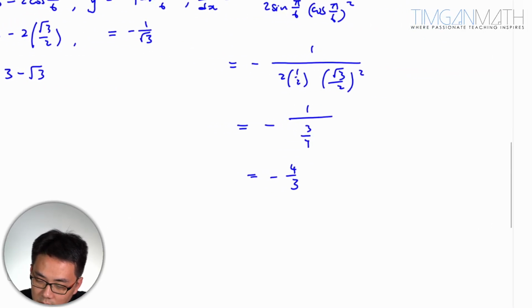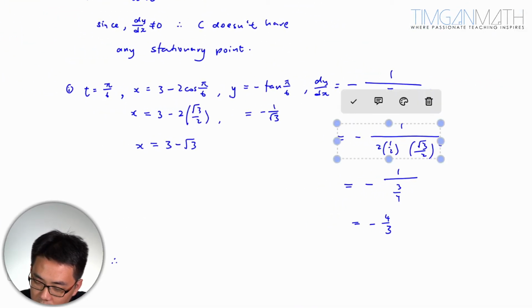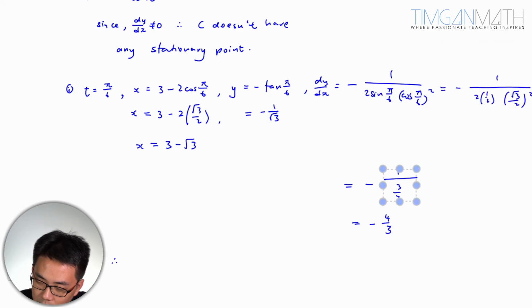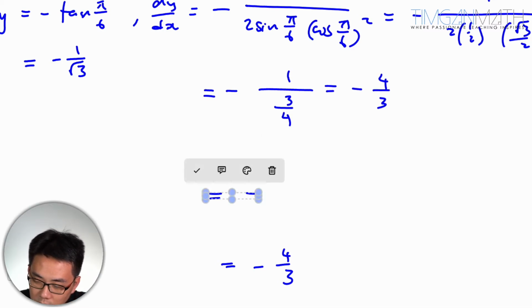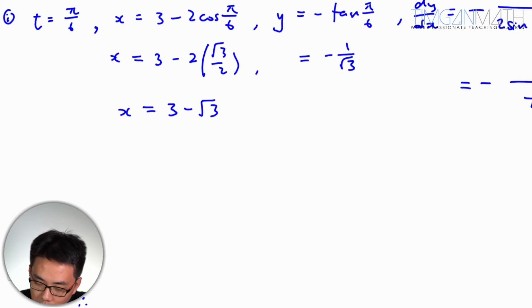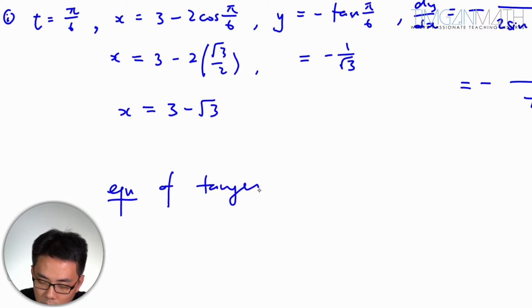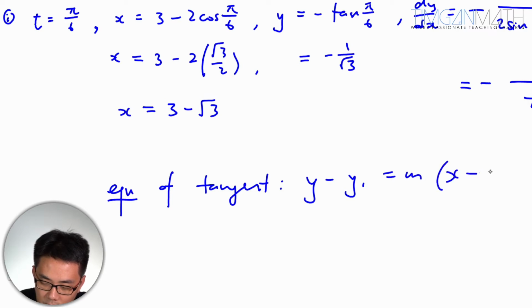Hence, the equation of the tangent, let me just write this at the side. We're going to use y minus y1 equals m times x minus x1.